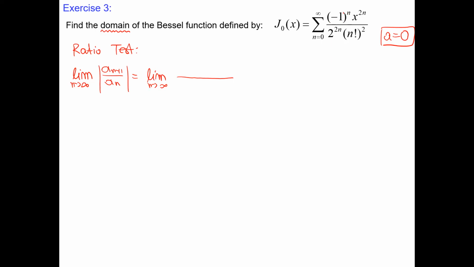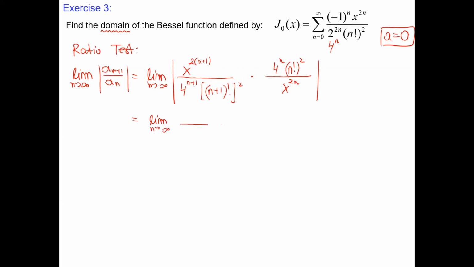Then x to the power of 2 times n plus 1, over 4 to the n plus 1 times n plus 1 factorial squared. Now, dividing by a sub n, I will multiply by the reciprocal: 4 to the n, n factorial squared, and x to the power of 2n. The -1 to the n is removed because it will become positive.